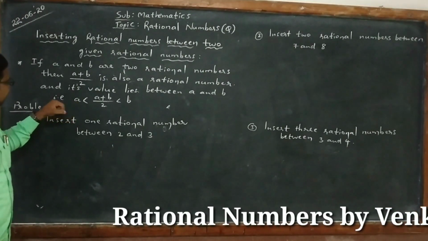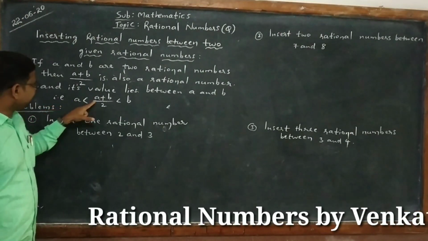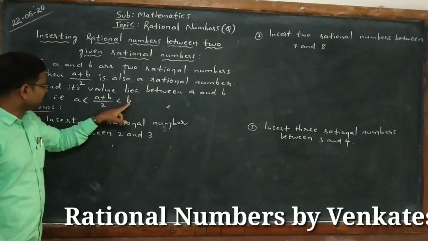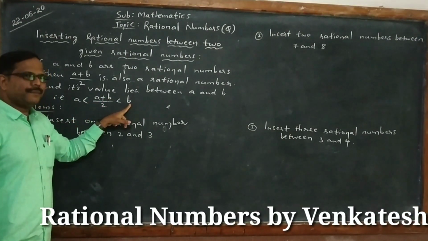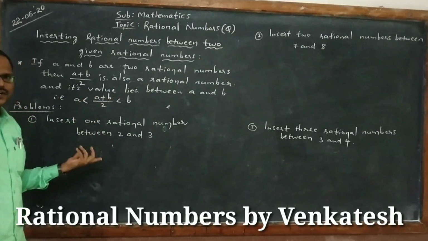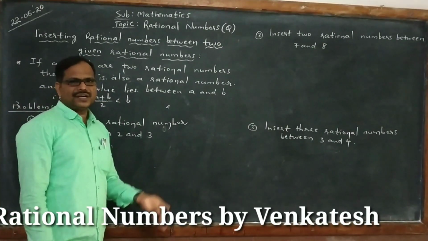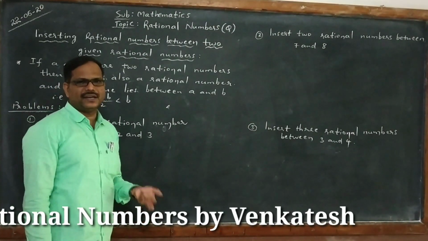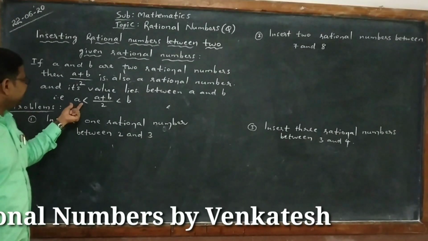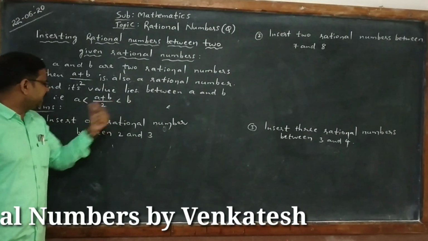See, here I have written a less than (a plus b) by 2 less than b. (a plus b) by 2 is nothing but the average, the arithmetic mean of a and b, and it lies between a and b.